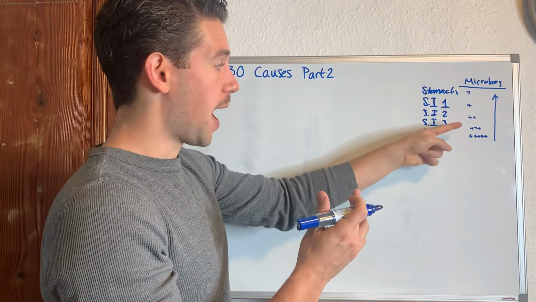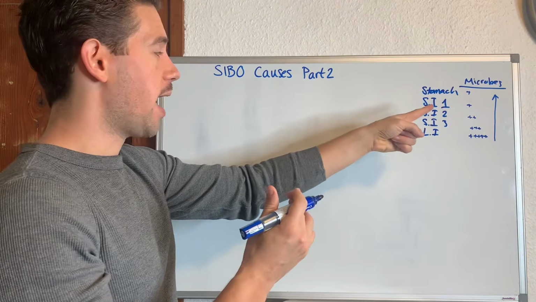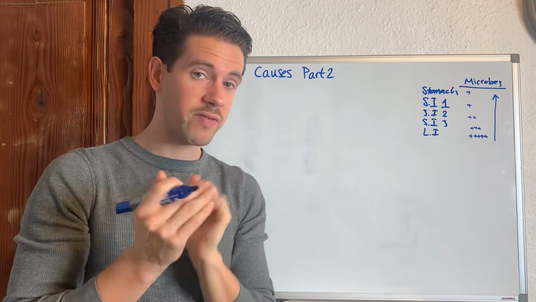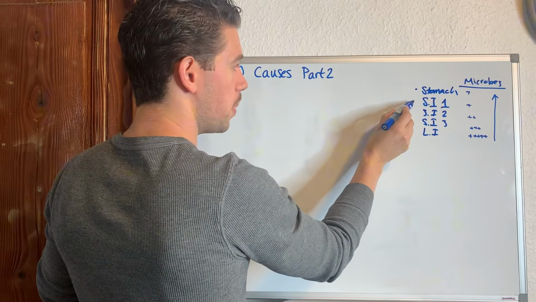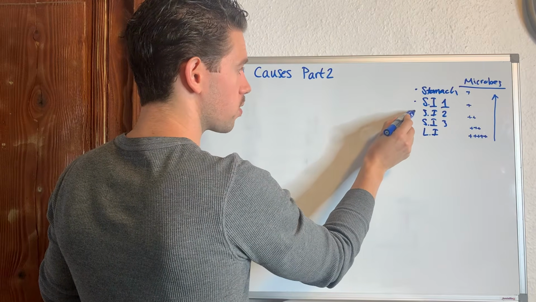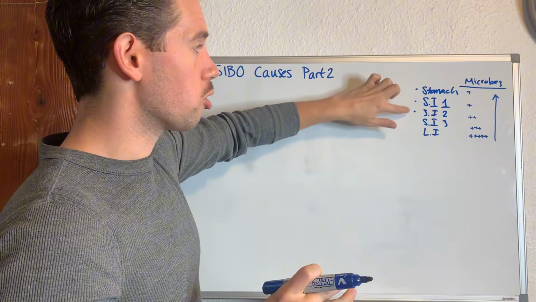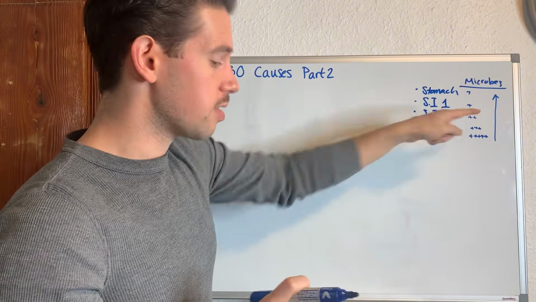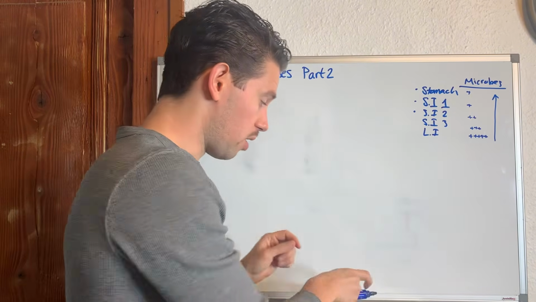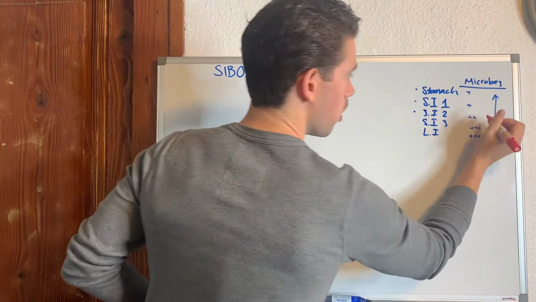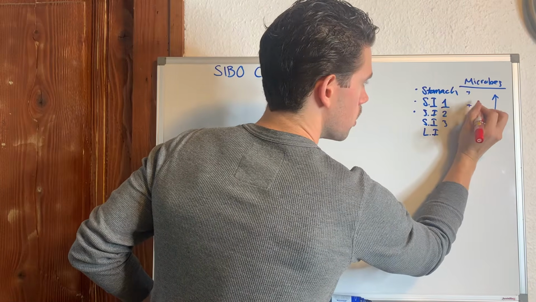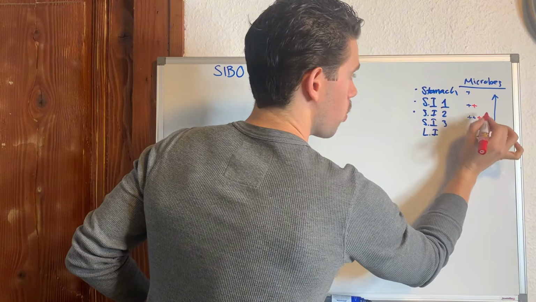What you're wanting is this gradient of microbes from the large intestine as you backflow up. When you have insufficient amounts of stomach acid, bile, and pancreatic enzymes, these harsh chemicals, when they are too low, these get an extra plus sign. And so SIBO is when this happens.